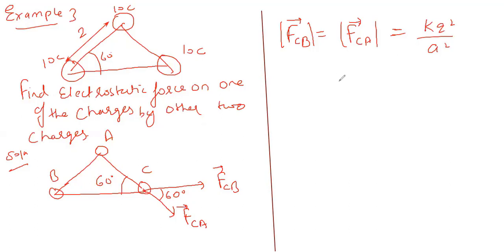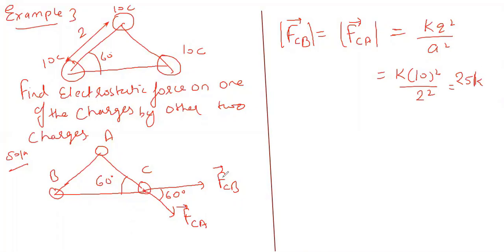So let us solve this. k, this is small k, okay, everyone remember this. Now what is Q? Q is 10, and a is given as 2, so it is coming out to be 25k.